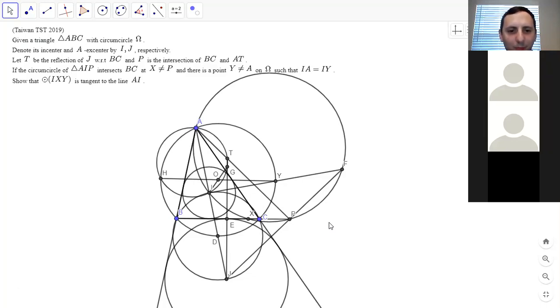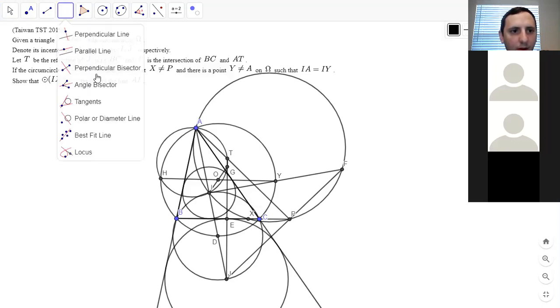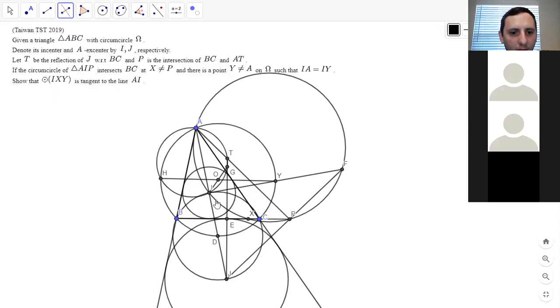I get confused about what we've proved and what we haven't, just because there's so much stuff here. Let me try. Draw that.